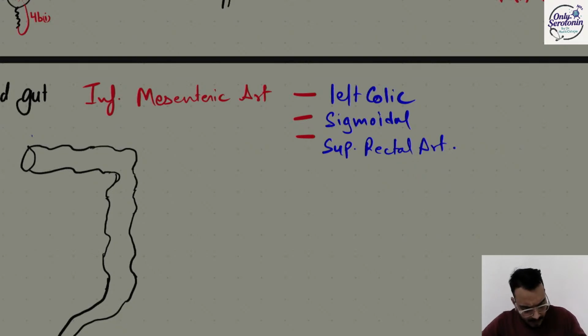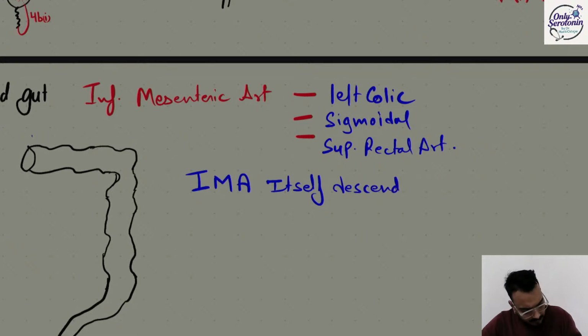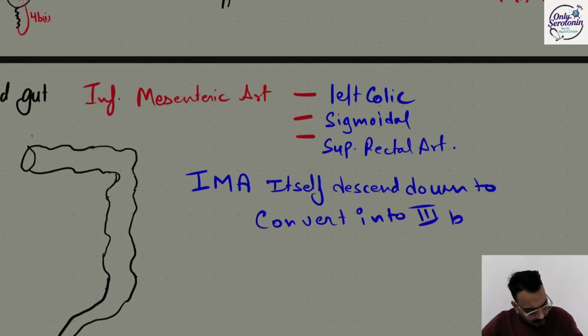What you should know here is that my inferior mesenteric artery itself descends down and converts into the third branch, that is my superior rectal artery.